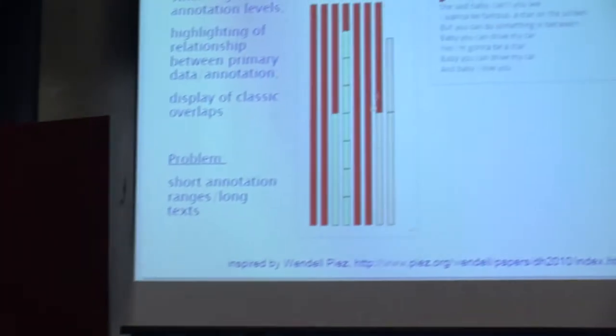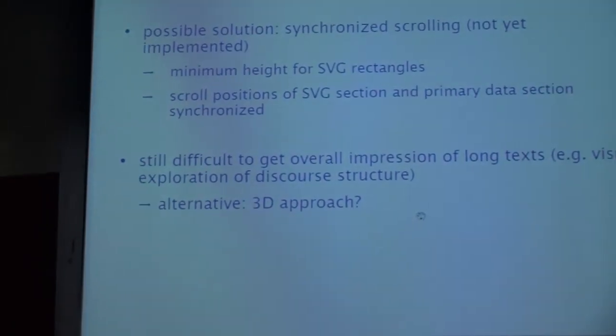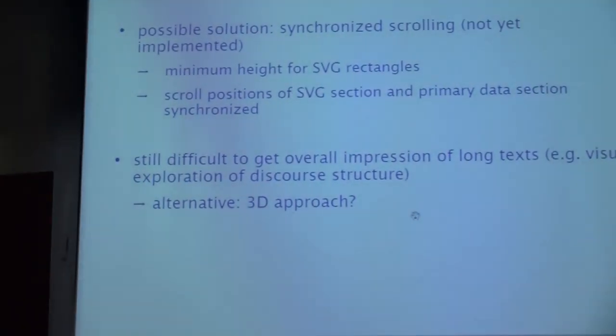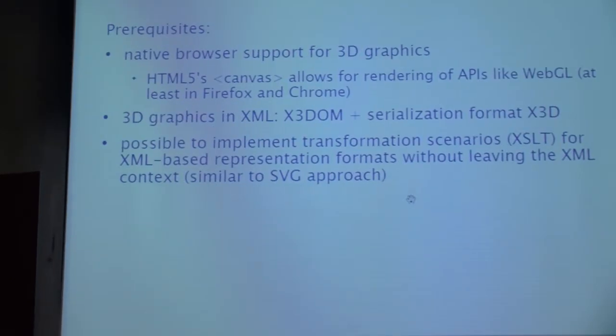However, it's still difficult to get an overall impression of the annotation structure for long text. For example, if you want to visually explore discourse structure, you don't have the whole text, the whole annotation at one at first sight. This is a very short text, but if you have longer ones, you see you have to scroll. A possible alternative would be a 3D approach. I have investigated a method to realize such a 3D visualization.